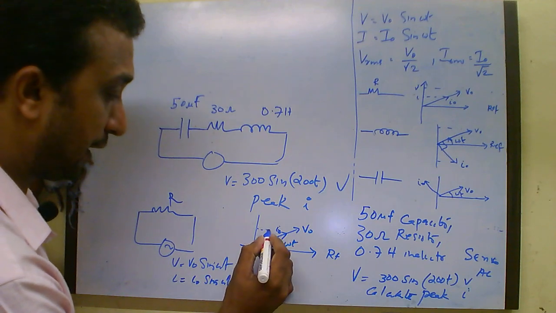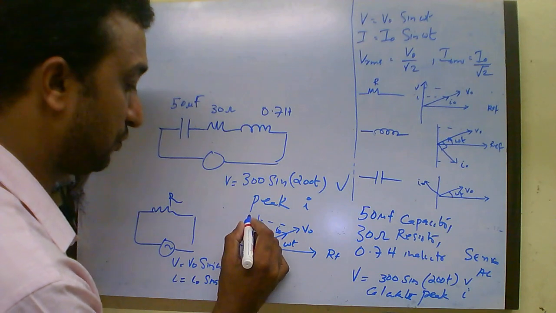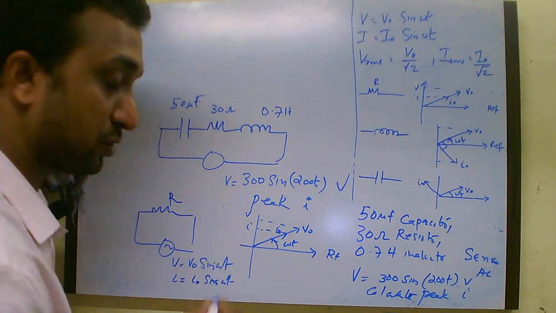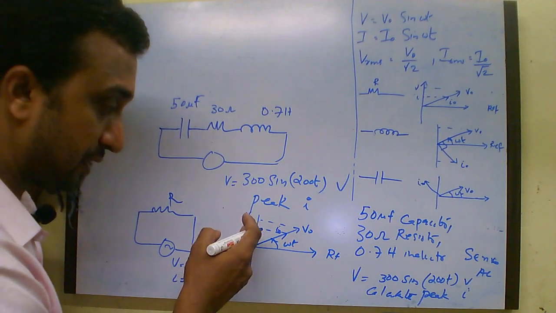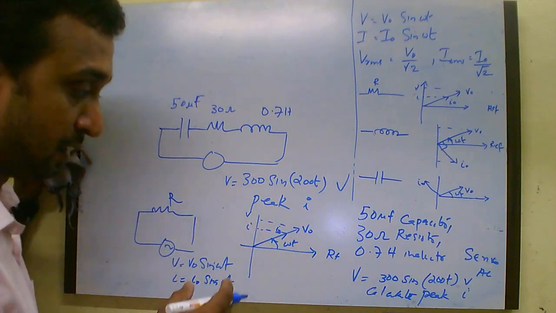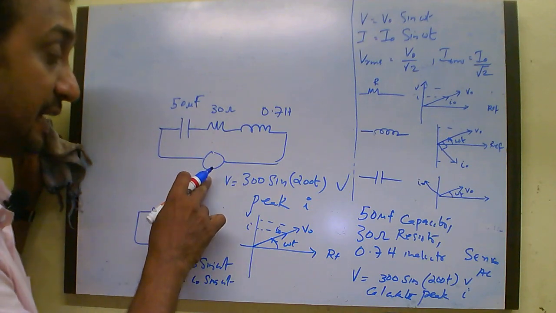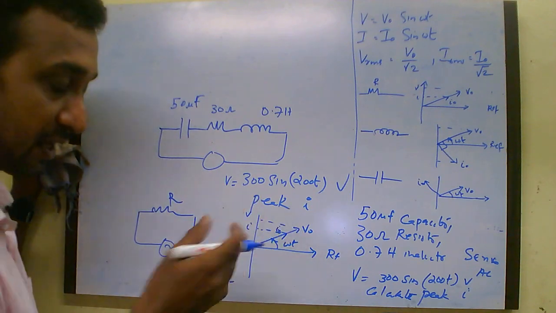And when you plot it across the y-axis, you get instantaneous values of V and instantaneous values of current. So y-axis actually represents the instantaneous values of current and instantaneous values of voltage. So this is the phasor diagram for when the AC is applied for a resistor. So both are in phase.